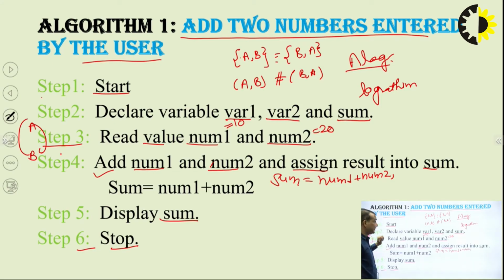So we should not say that an algorithm is a set of a sequence of finite number of steps. It will be a sequence of steps, a finite number of steps. So we will never use the word of the set here. Clear?